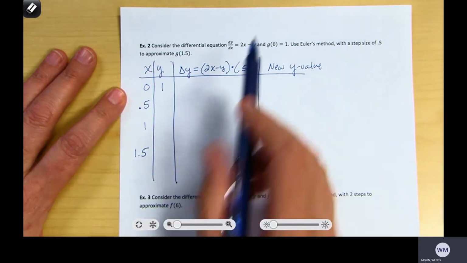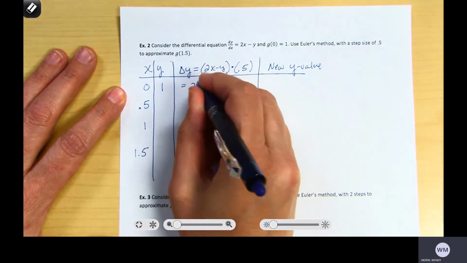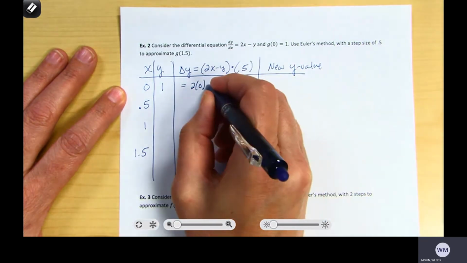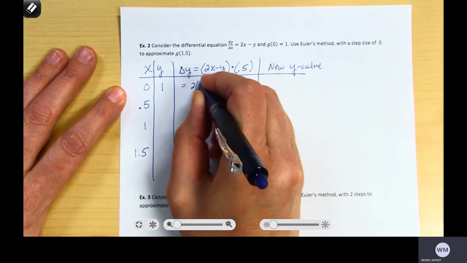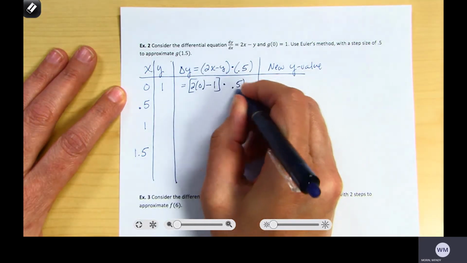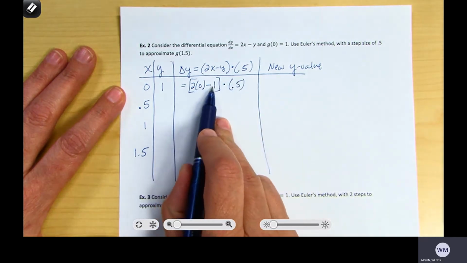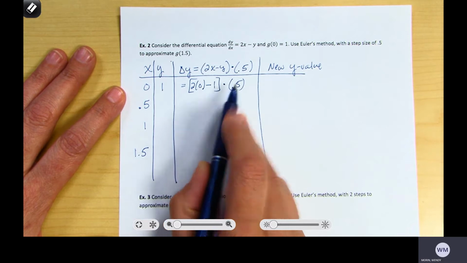Okay, so the first change in y here is 2 times your x value minus your y value times 0.5. So that's what? 0 minus 1 times a half.